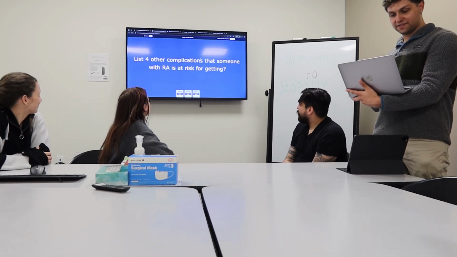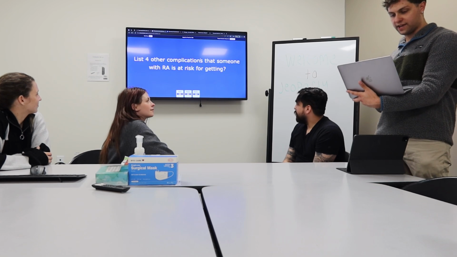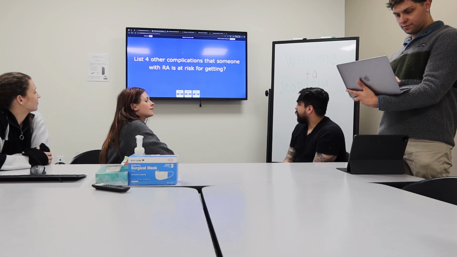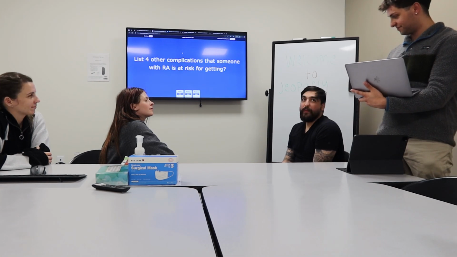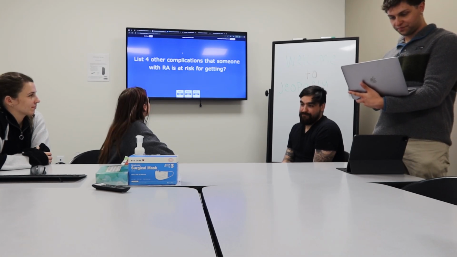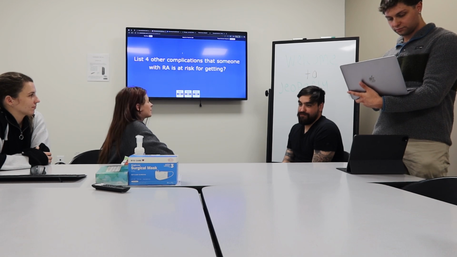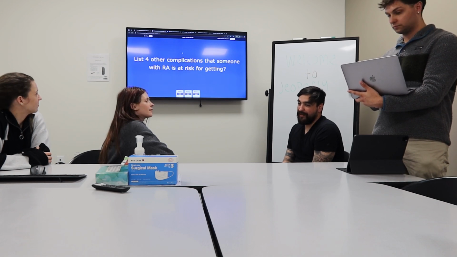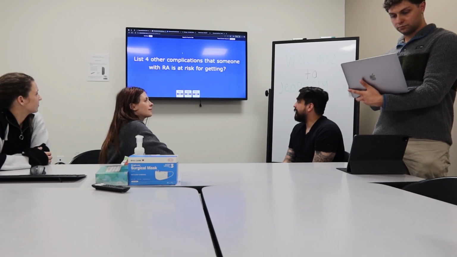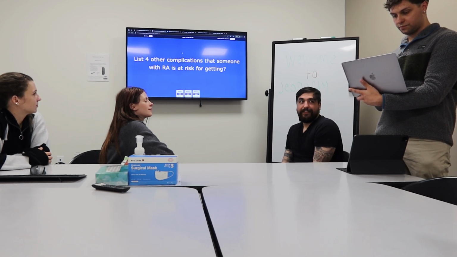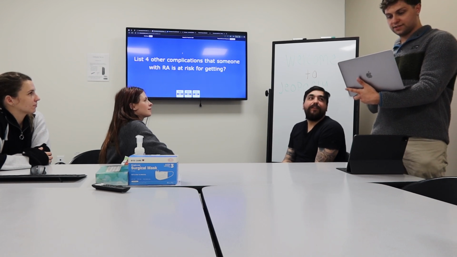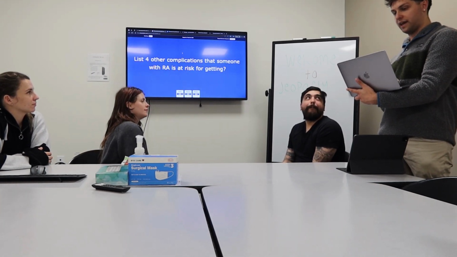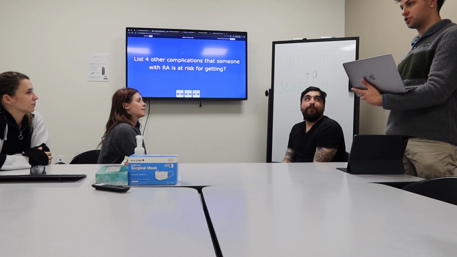Wow. Okay, list 4 other complications that someone with RA is at risk for getting. This is the hard one. Swelling. Stiffness. Fractures. So these are more complicated complications, things that long-term use could cause.